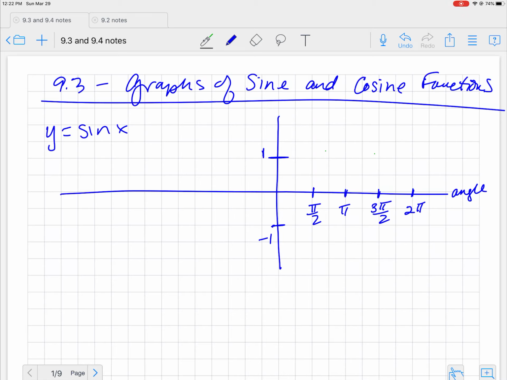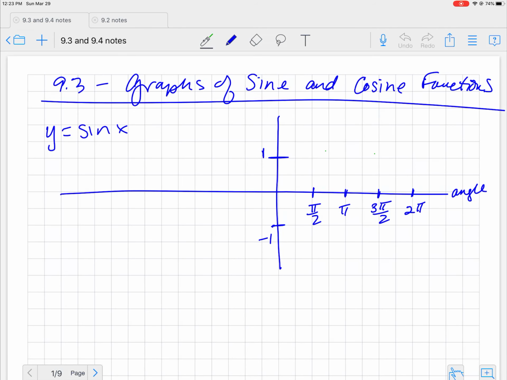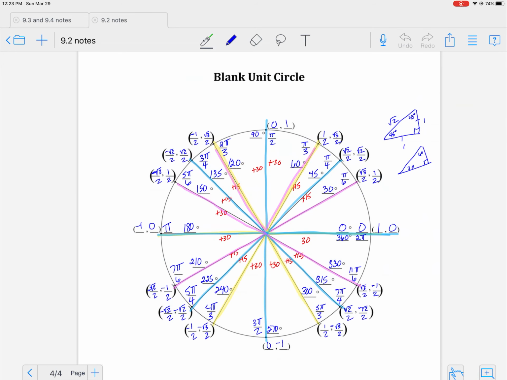So if I have y equals sine of x, what is my output value? If I input an angle measurement here, what is my output value? It's not just because it's sine, but because my output values are going to be the y values here. So that's my output value.